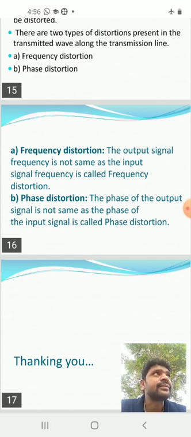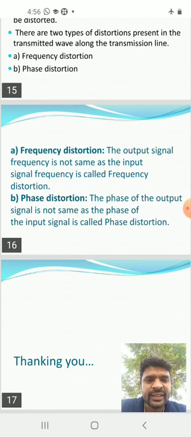Phase distortion. When the phase of the output signal is not the same as the phase of the input signal, it is called phase distortion. That means the output signal changes its phase and is not the same as the input signal phase.